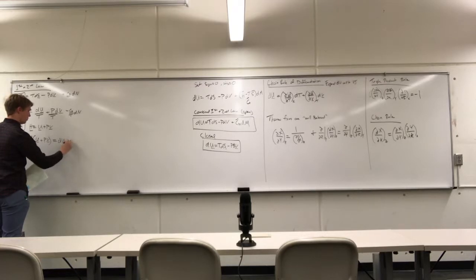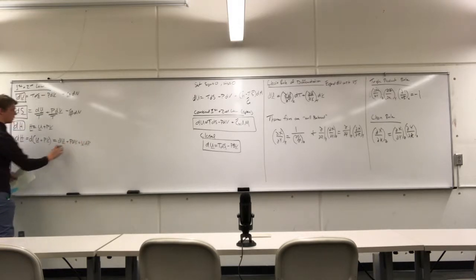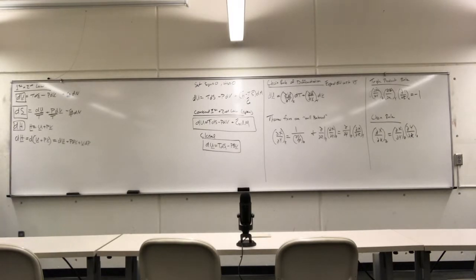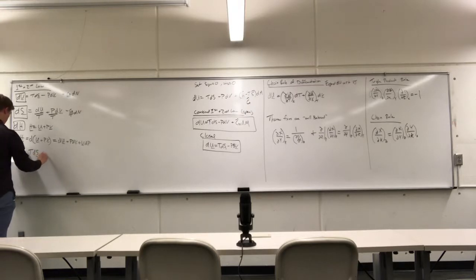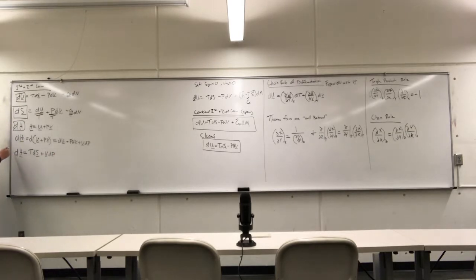This is going to be P dV plus V dP. Substitute in our differential change of internal energy into our expression down here, and we can derive a relationship for H. This is for a closed system.